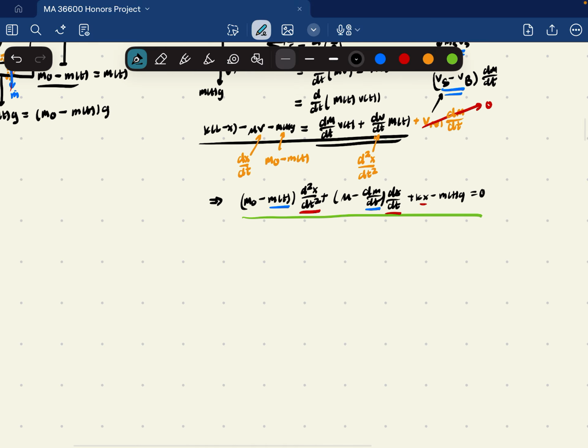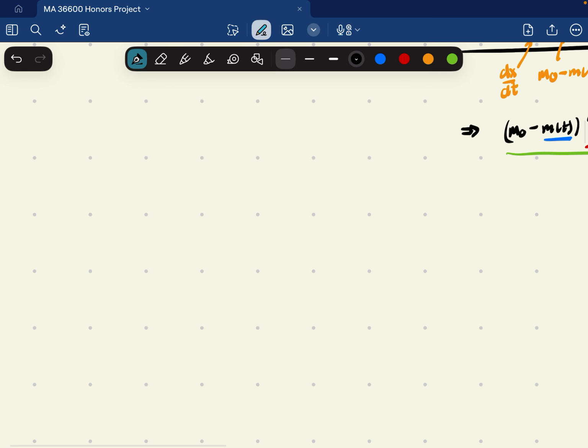So what I'm going to do is split it into two cases. Case 1, I'm going to call the constant velocity assumption. And then case 2 is going to be a defined mass function.